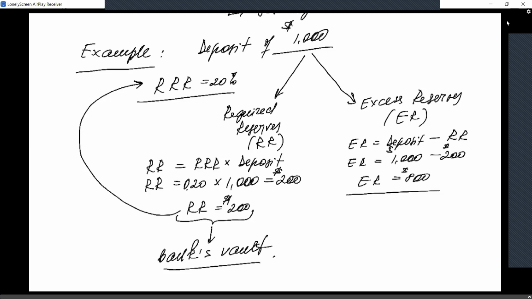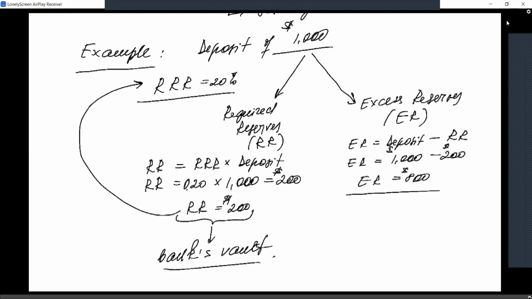What does it mean? That means every deposit will be broken this way. Out of every deposit, a portion will be kept in the bank's basement until the original depositor comes back to withdraw the money.